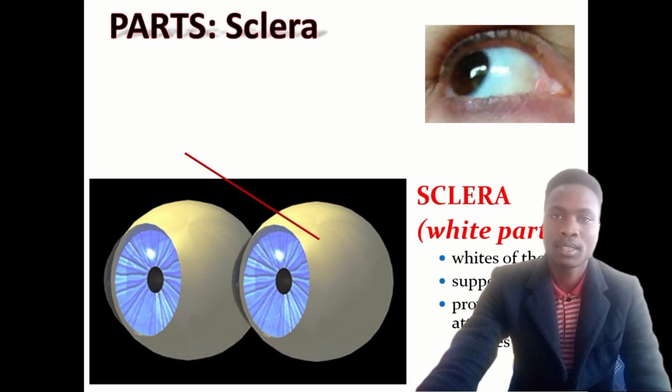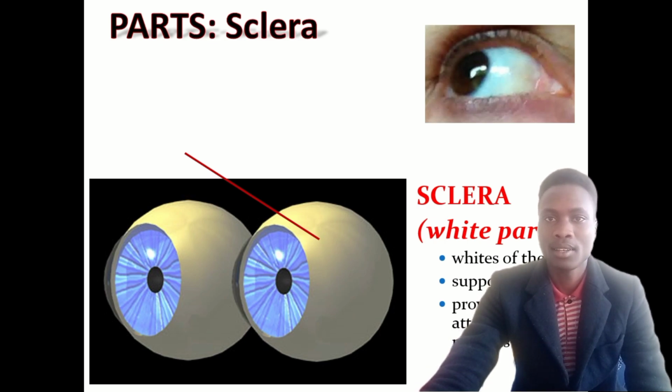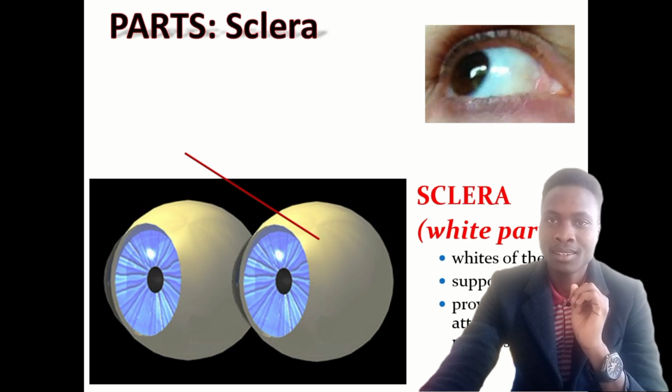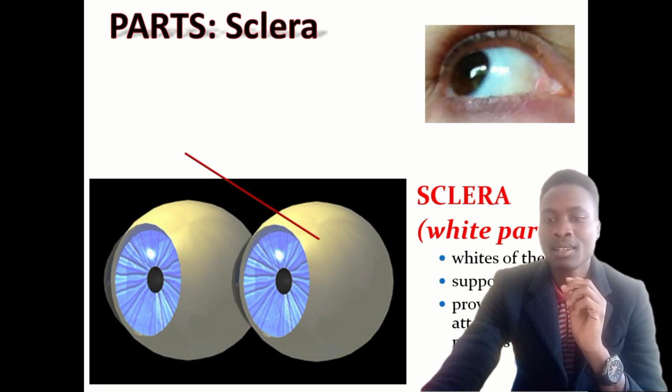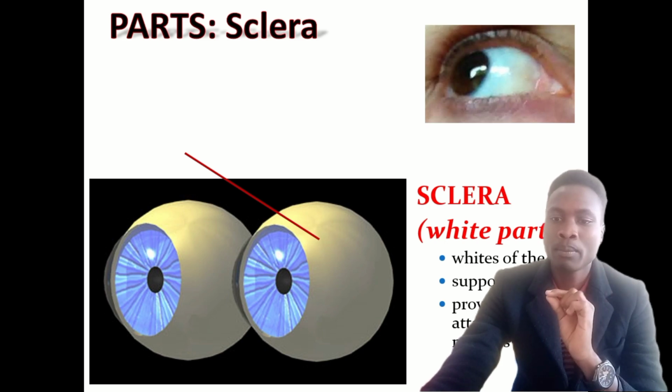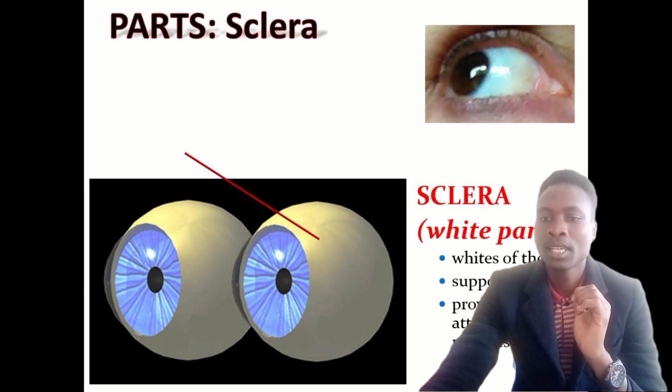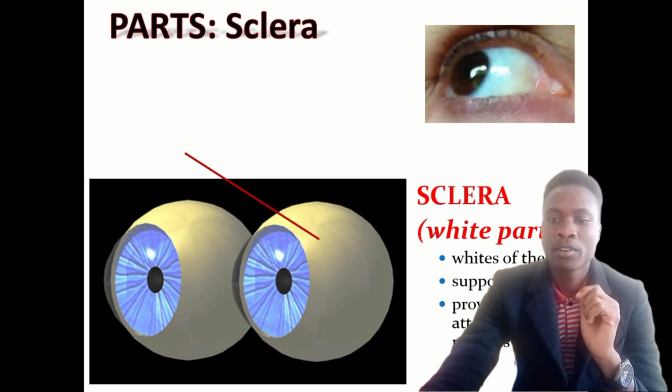Let's look at sclera. Sclera is the white part of an eye. As you can see in mine, my eye has the whitish part. It supports the eyeball and provides attachment for muscles.